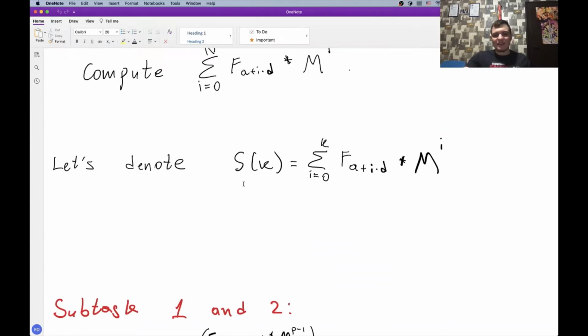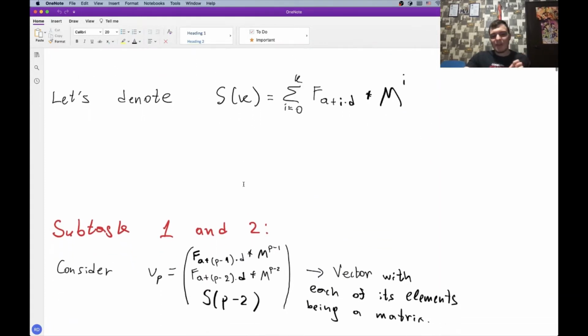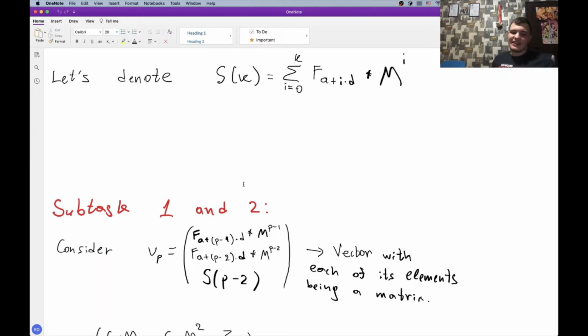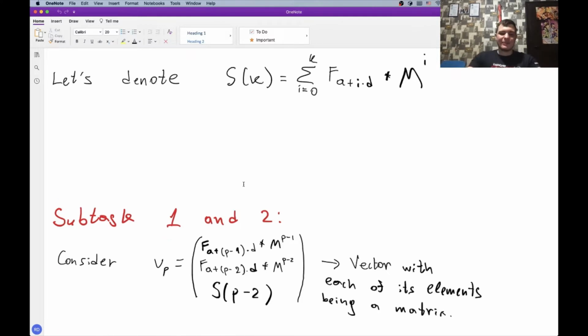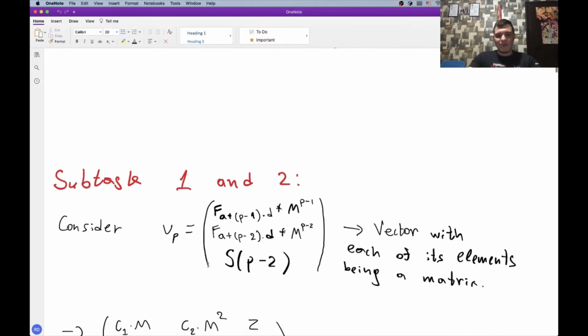Now going to subtask 1, the main idea is that in a way we are going to create a vector where each of the elements is actually a matrix. This may be kind of surprising, but the main idea is to have a vector where every element represents basically the pth position.